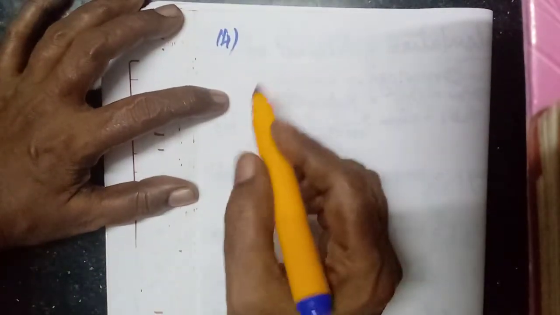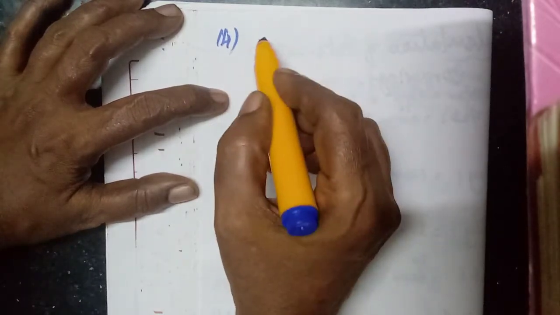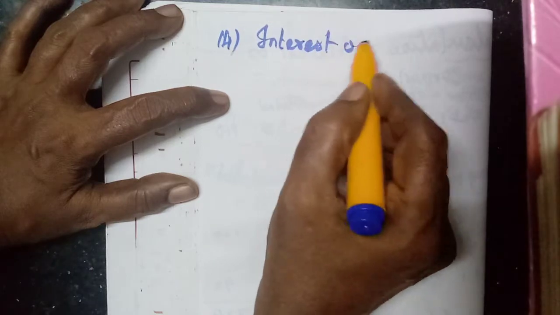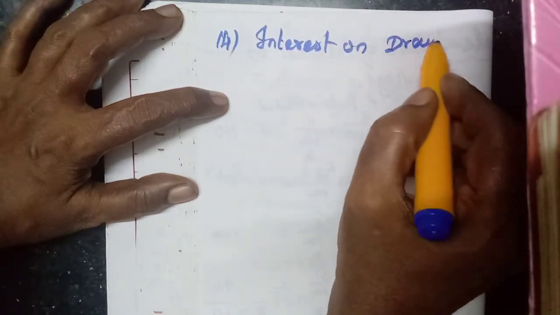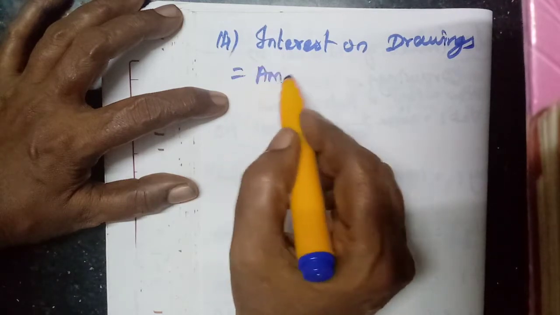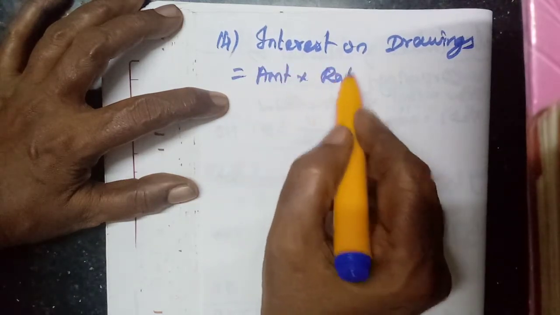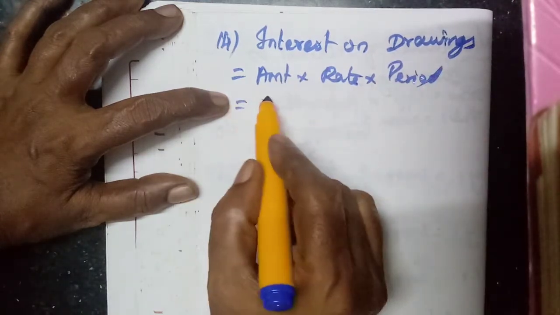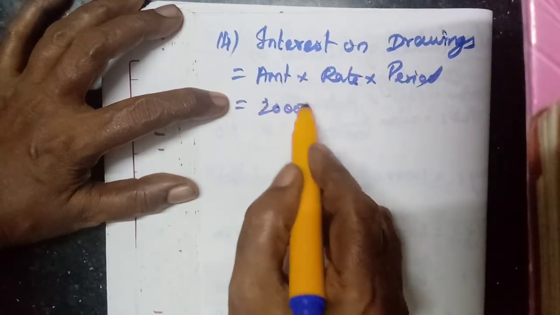There what we did, average period we have calculated, isn't it? So again, you have to write the formula. Interest on drawings, amount into rate into period. Here amount is 20,000.